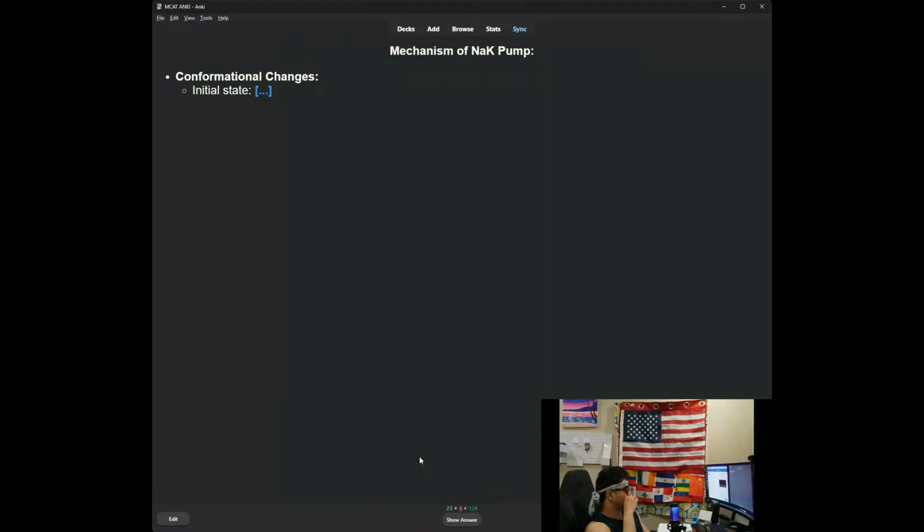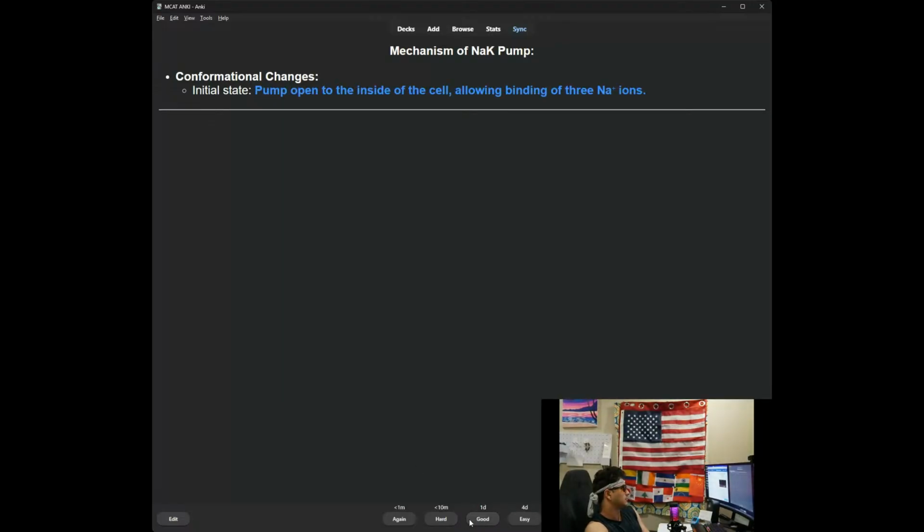Go against it. It's open inside the cell. Well, yeah, it's allowed 3 Na+ and 2 K+. Allowing the binding of 3 Na+ ions.